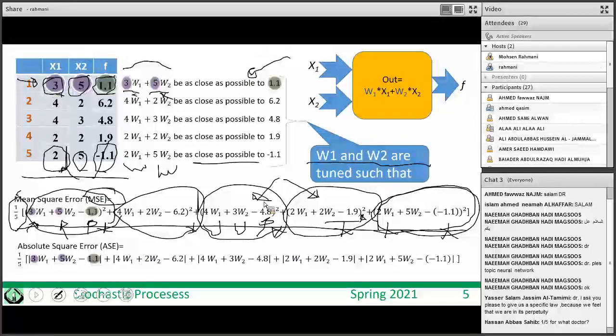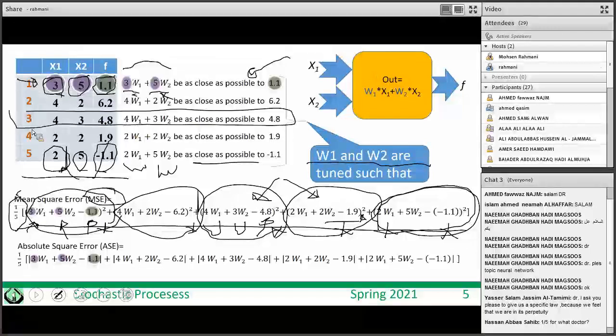For example, if I minimize this one, it means that in this row I have made 4 in W1 plus 3 in W2 close to 4.8.